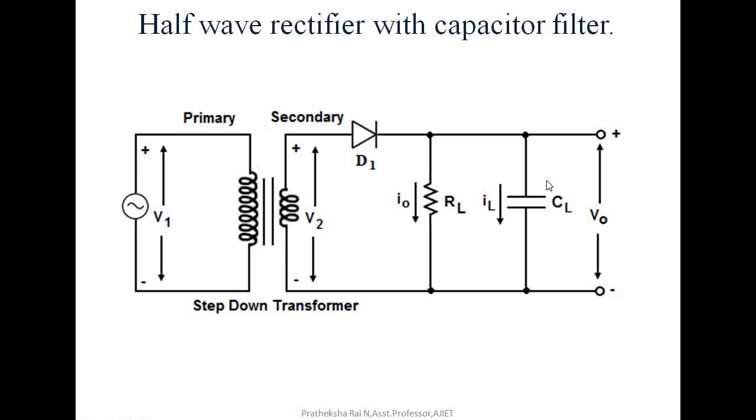The capacitor C used in the filter circuit is usually very large, almost tens or thousands of microfarads. The operation of the capacitor filter depends upon the fact that the capacitor stores energy during the conduction period and delivers the energy to the load during the non-conduction period.